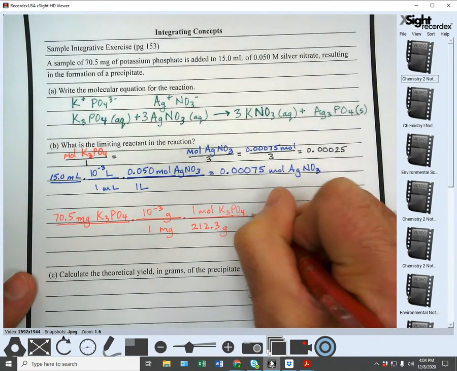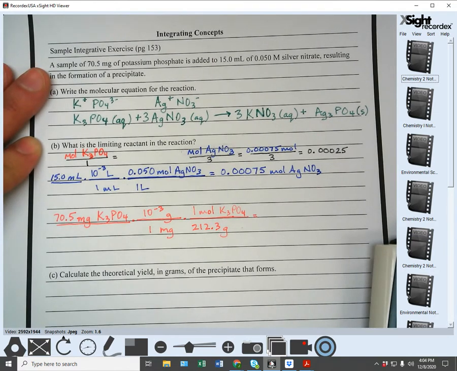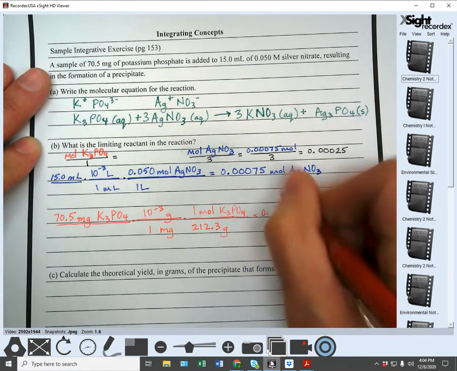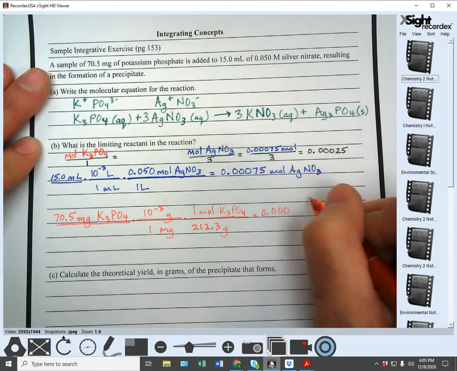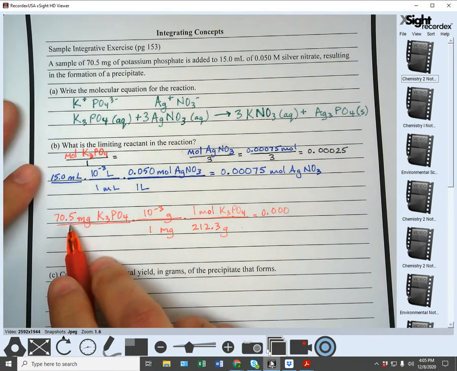Okay, so we end up with 0.000. Significant figures for this would technically be 3.